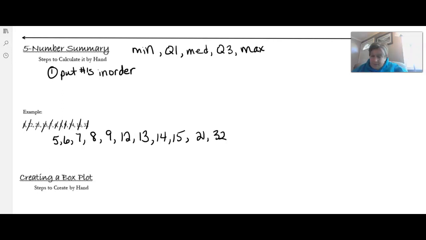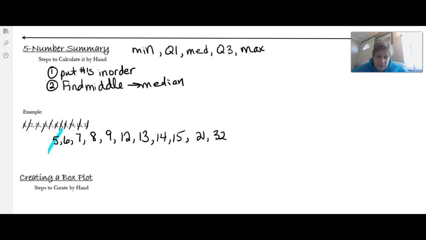Okay, so now the next thing you do is you find the middle, which is the median. Now, if we were on the board, I would just count in one at a time. I'm going to try a process because I have to do this online, which is kind of tricky. I'm going to highlight one at a time and kind of cross them off, and then I'll go erase those highlights.